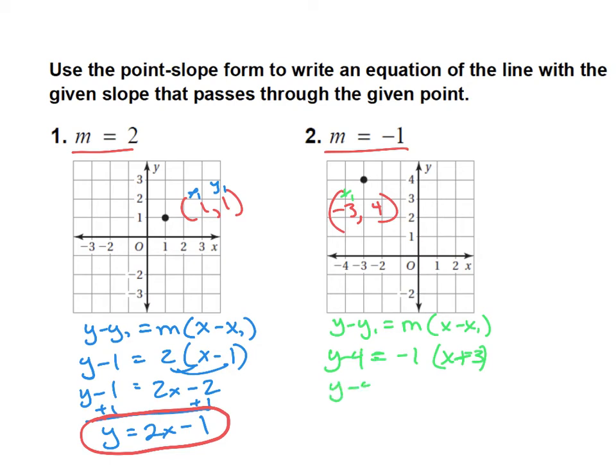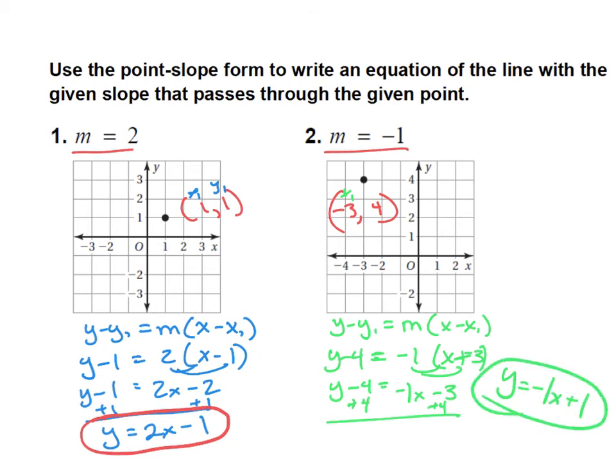So y minus 4 stays the same. Let's do the distributive property. Negative 1x minus 3, because a negative times a positive gives us a negative. Add 4 to both sides. Y equals a negative 1x, and we're coming out of the hole, so plus 1. There's our equation.